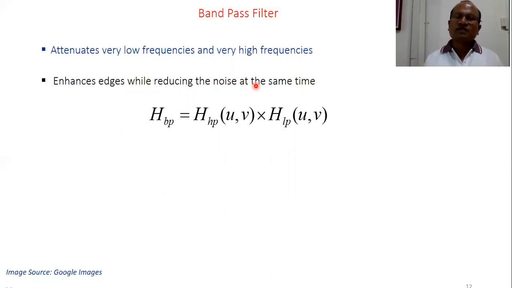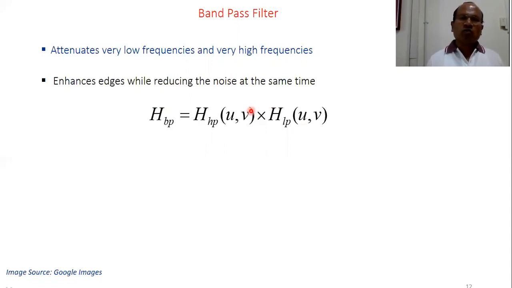We still have to discuss high pass. So it's a combination of high pass and low pass, because the central, middle frequency we have to allow. Very high we have to reject, and very low we have to reject. When we want to design a band pass filter, we can multiply the two transfer functions of low pass and high pass in the frequency domain.